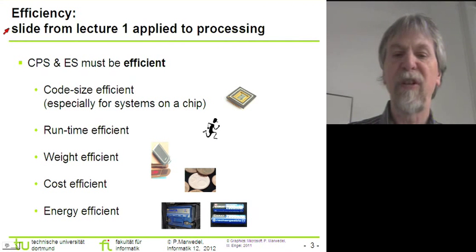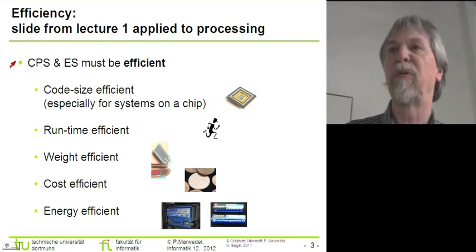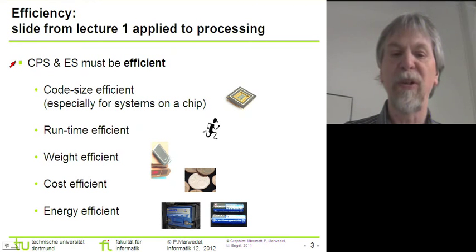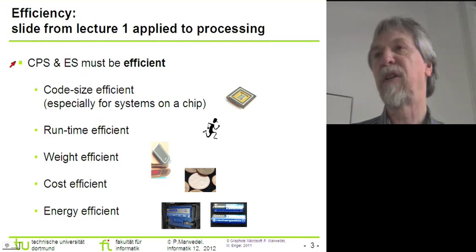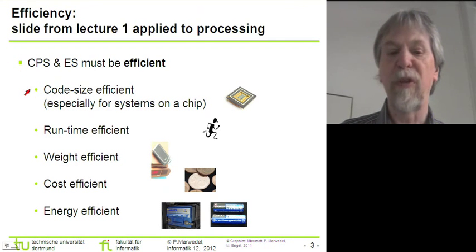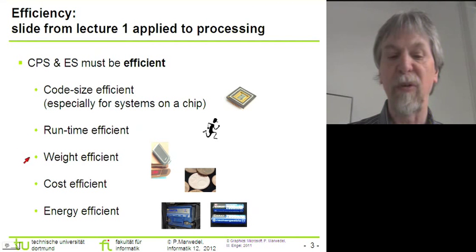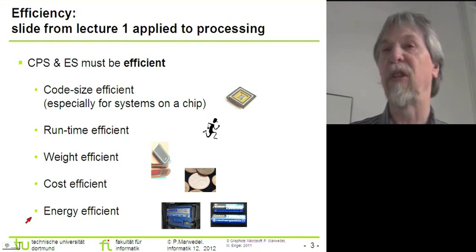In the very first lecture, I stressed the fact that embedded and cyber physical systems have a number of properties, including the fact that they must be efficient. And efficiency comes in a number of flavors. These flavors include the fact that they must be code size efficient, runtime efficient, weight, cost, and energy efficient.